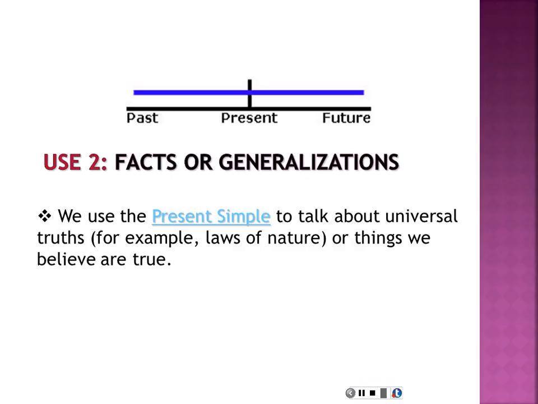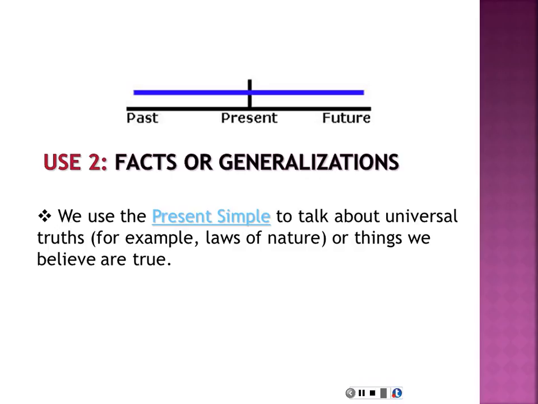So we use the simple present for such things, and we will have examples after a second. Or things أو أشياء we believe are true. أو أشياء نؤمن بأنها صحيحة. Maybe not all people believe they are true, but we believe that those things are true. يعني مو كل الناس ضرورة تؤمن إنها صحيحة، ولكن بعض الناس تؤمن بأنها صحيحة.